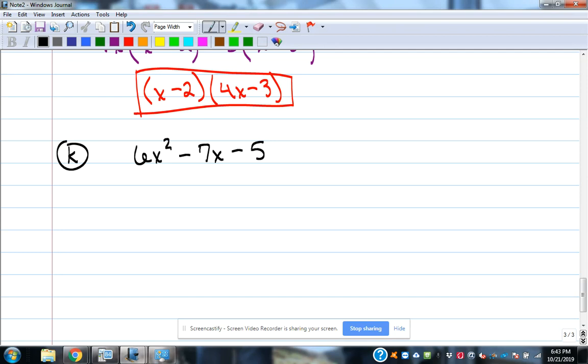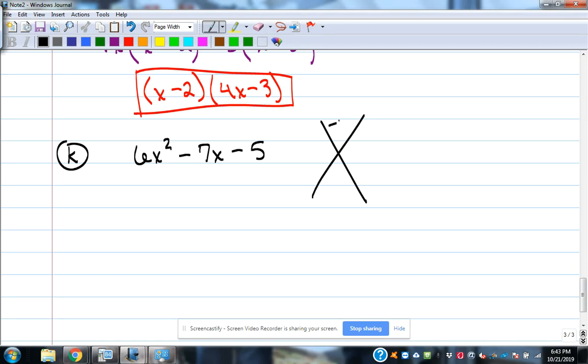Is there a GCF? Nope. So I can go to the X method because there's 3 terms. What goes up top? 6 times negative 5.